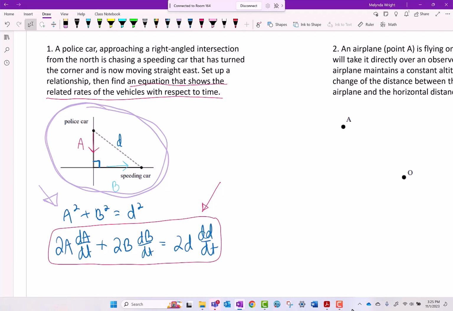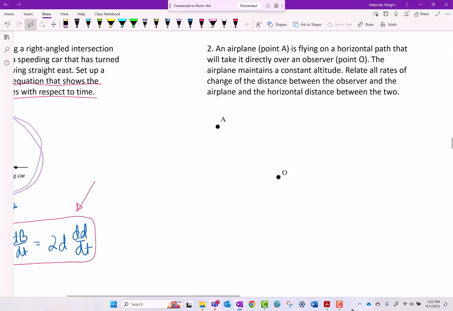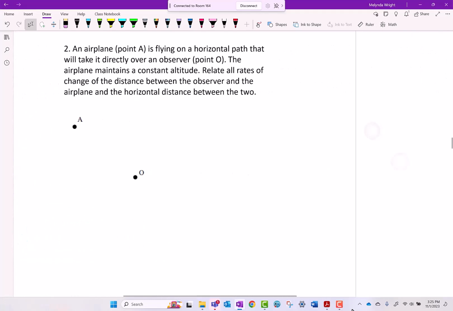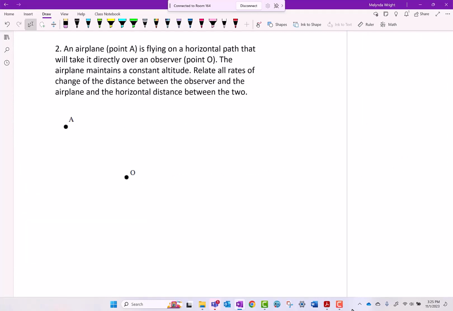They haven't quite completely drawn number 2 for us, which I'm like, goodness, couldn't you just have finished it for us? They didn't, so we're going to have to fill it out. So let's look. We have an airplane, which is point A, flying on a horizontal path that will take it directly over an observer, point O. They're talking about the plane.